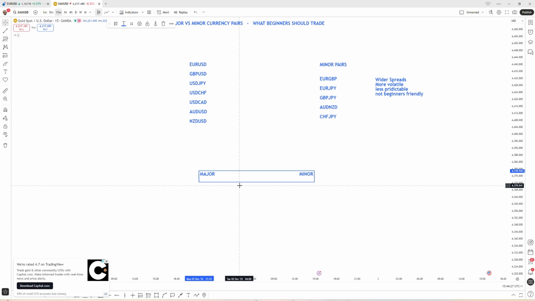Major pairs have liquidity, but it is not as liquid as minor. So this one is moderate, this one is higher. Major is moderate, and minor is higher, right? In terms of liquidity.